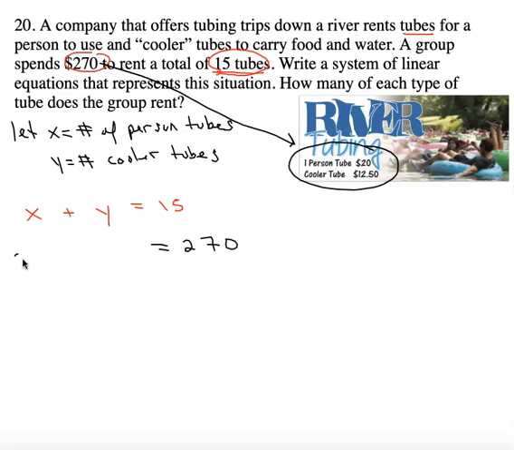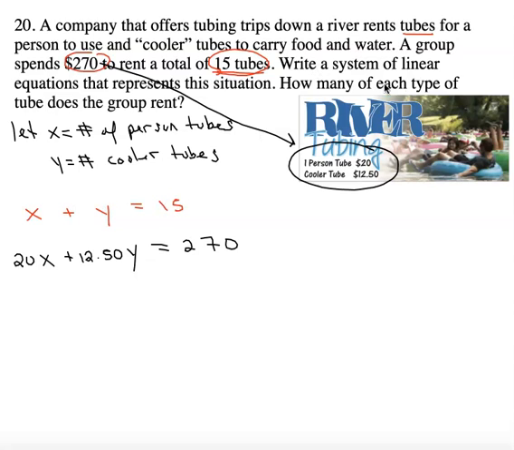Well, it's $20 per person tube. How many person tubes do I have? x. And it's $12.50 for every cooler tube. How many cooler tubes do I have? y. And now I have the equation 20x plus 12.5y equals 270.